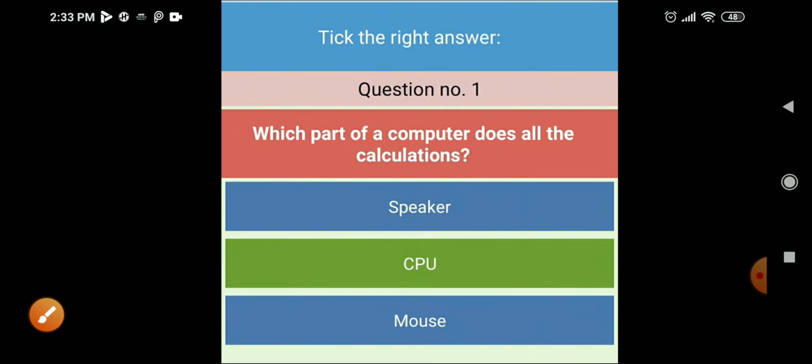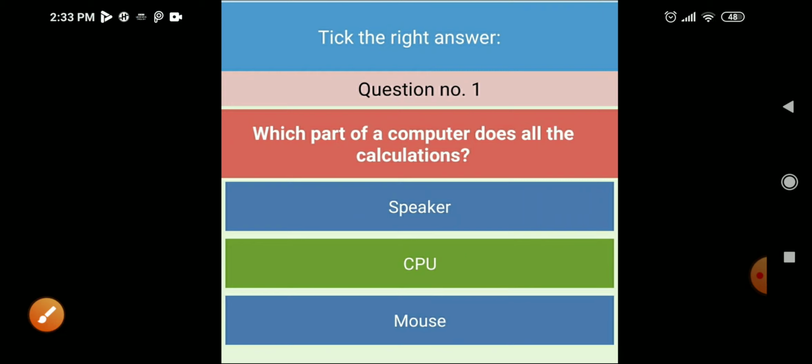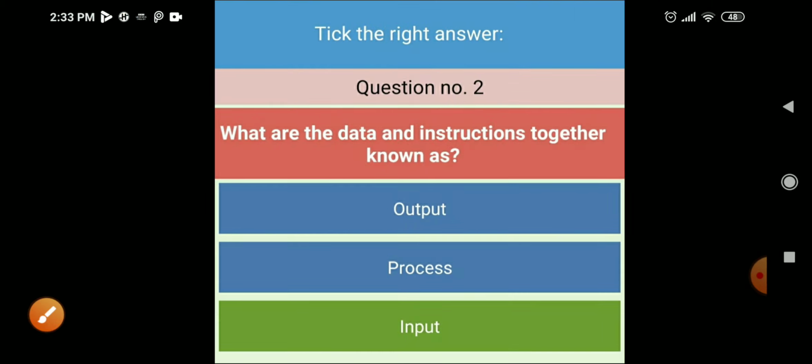Next is which part of a computer does all the calculation? So all the calculations are done by CPU. So right answer is CPU. Next, question number 2. What are the data and instructions together known as?